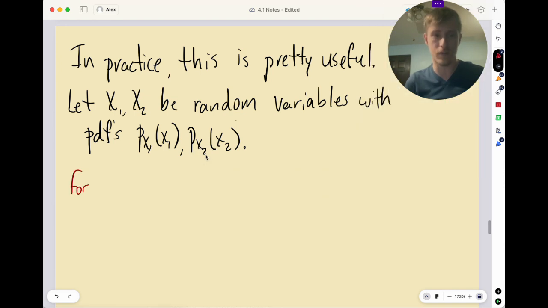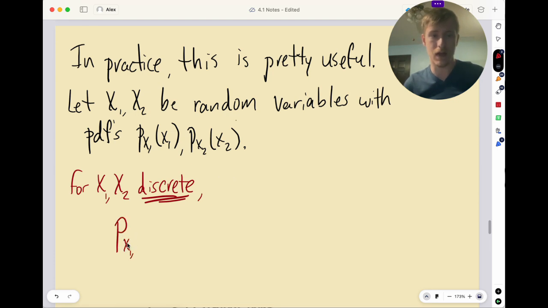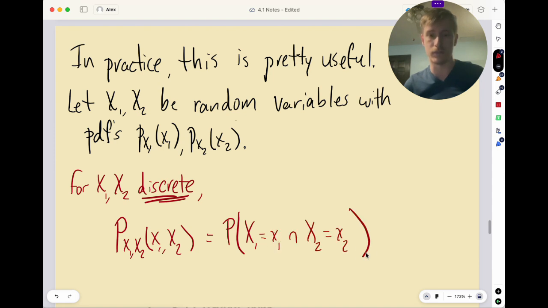For x1, x2 discrete, we have this joint distribution function, which we can make arbitrary. Perhaps we have that p of x1, x2 is the joint density function. But remember what this is by definition. This is the probability that big X1 takes on the value little x1 and big X2 takes on the value little x2.